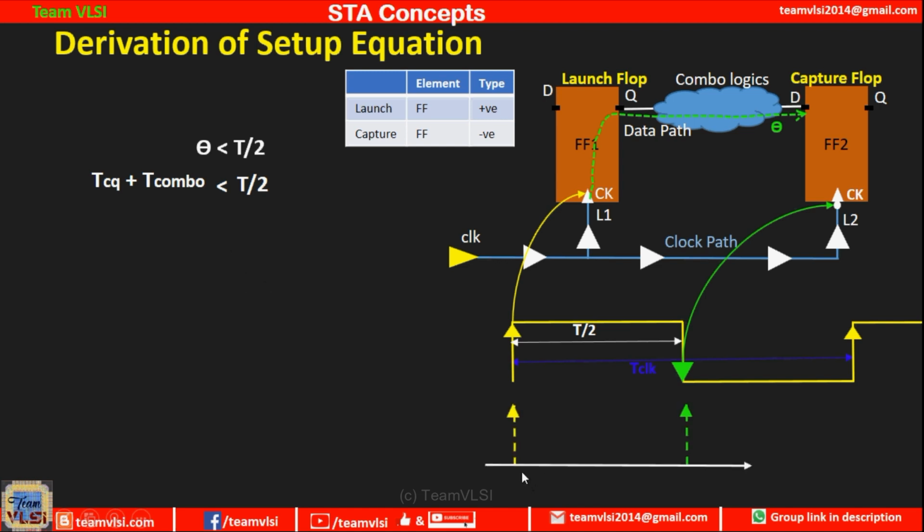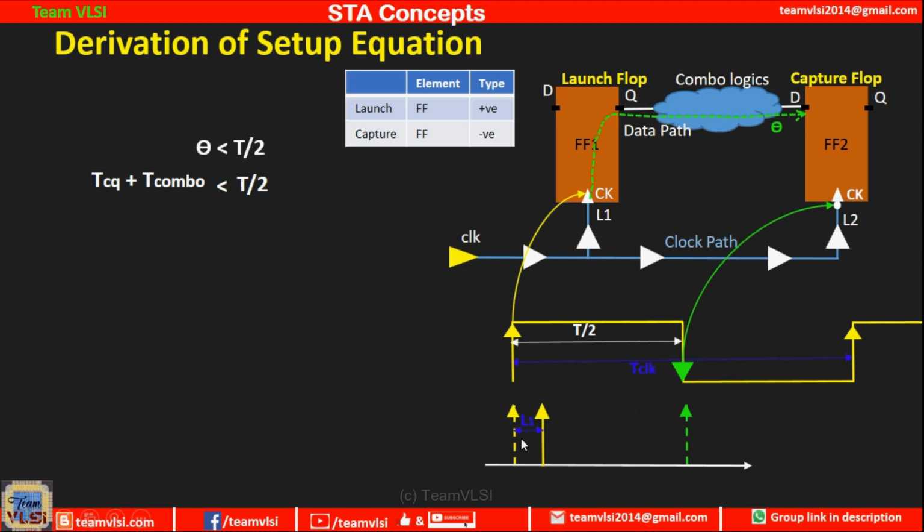Now ideally both the edges should occur at this time, but in reality they don't. It takes some time to move the clock signal from the clock pin to the CK pin of the launch flop. Suppose that time is L1, then L1 is called the latency of the launch flop, and similarly suppose the capture flop has latency L2.